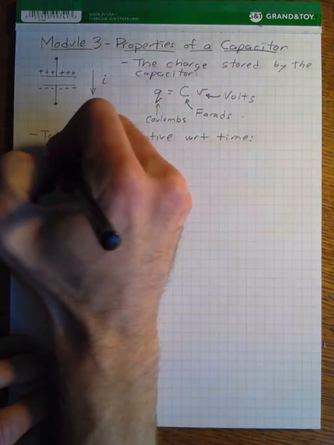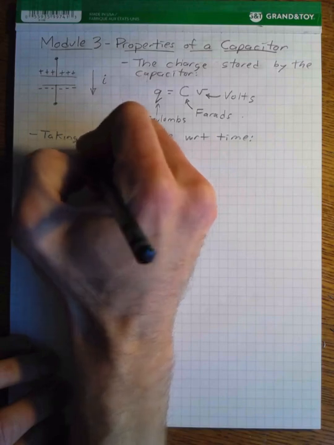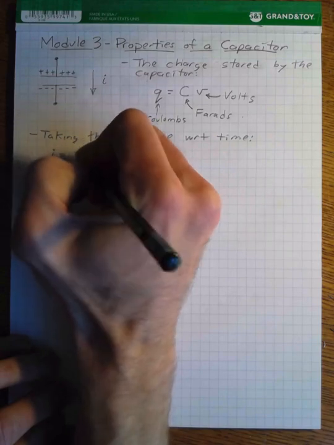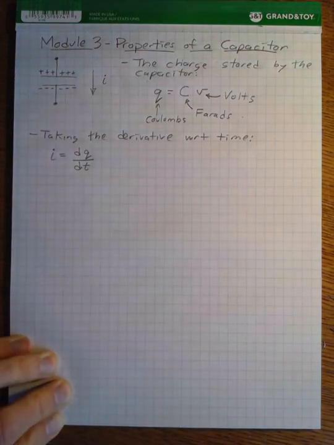Current is equal to the amount of charge that moves per unit time, which is just what the derivative gives us.